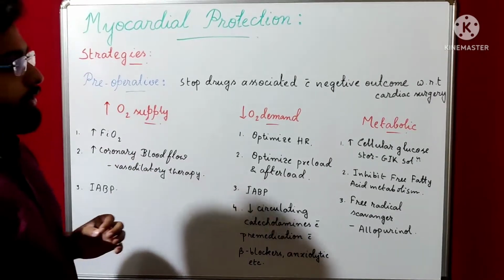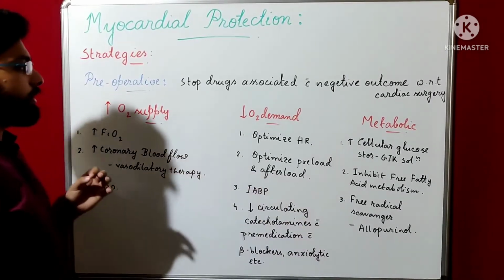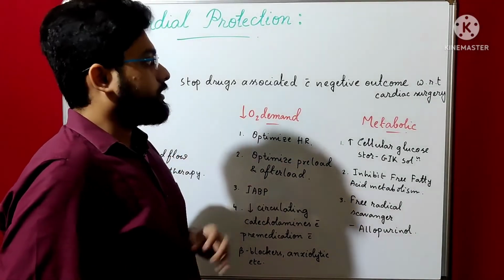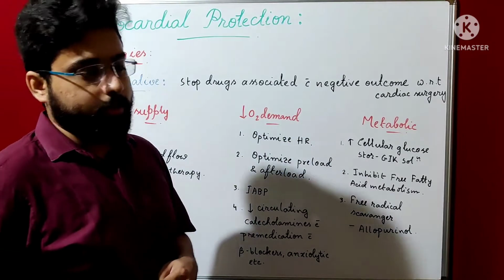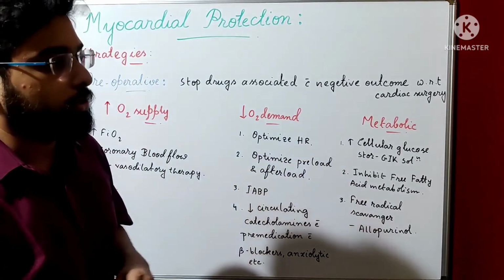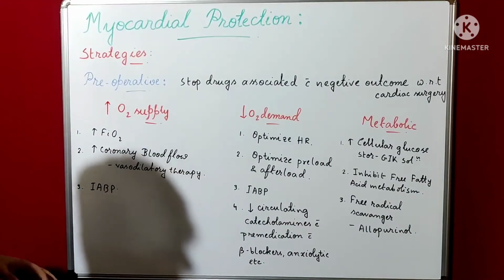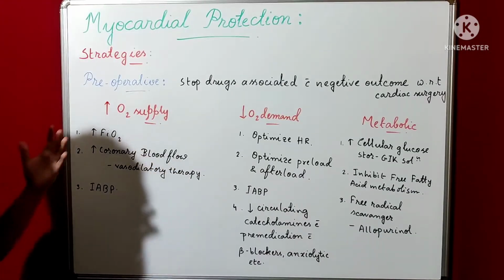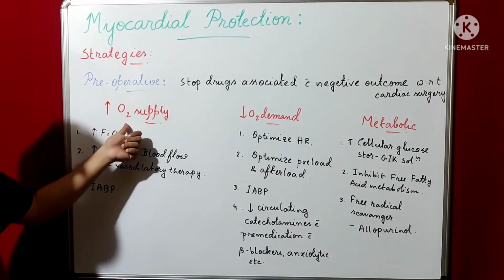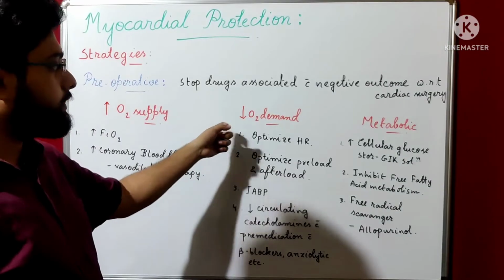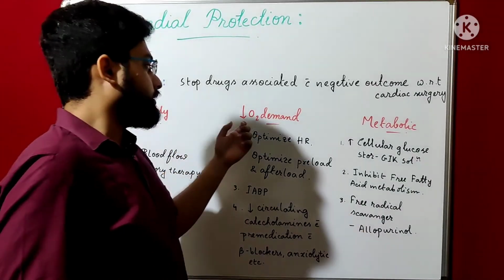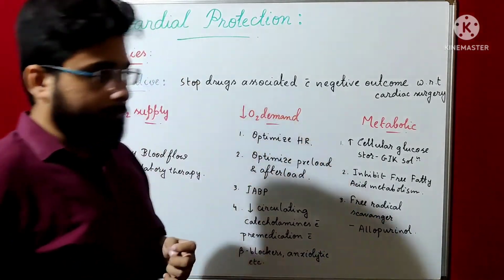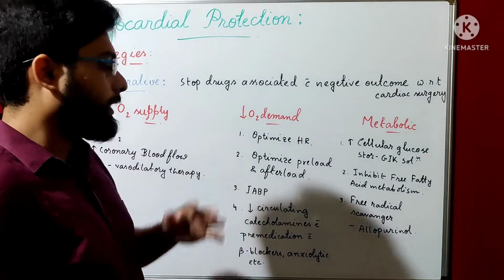Before cardiac surgery, those drugs which are associated with a negative outcome with respect to cardiac surgery are discontinued. Next, the aim of the steps taken is first to increase the oxygen supply, next to decrease the oxygen demand, and next to reduce metabolic stress.